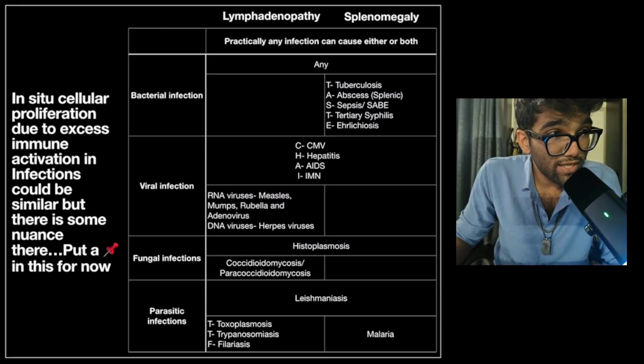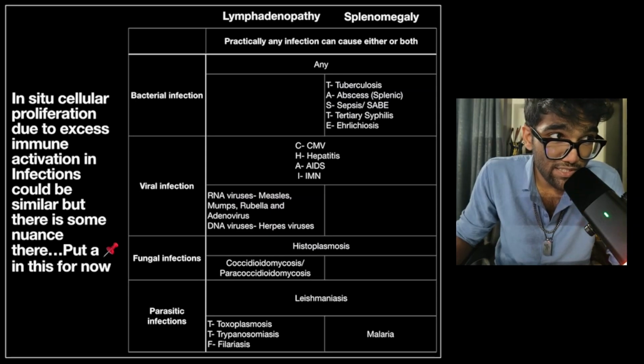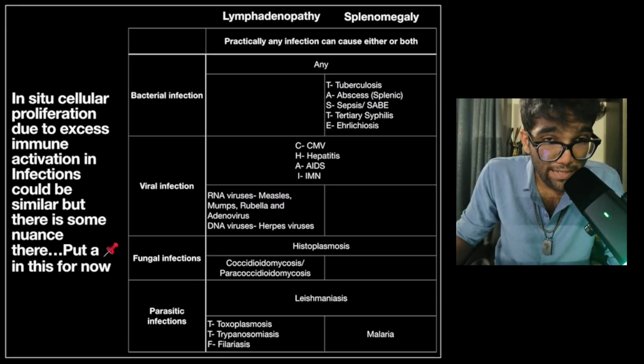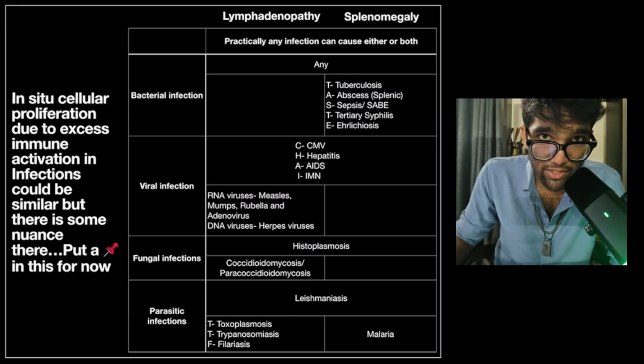So, suffice to say, all entities included under excess immune activation resulting in lymph node enlargement would be expected to have follicular hyperplasia unless they have very significant type 1 interferon production or they have excessive granuloma formation or specifically they are either Castleman's disease or Rosai-Dorfman disease.